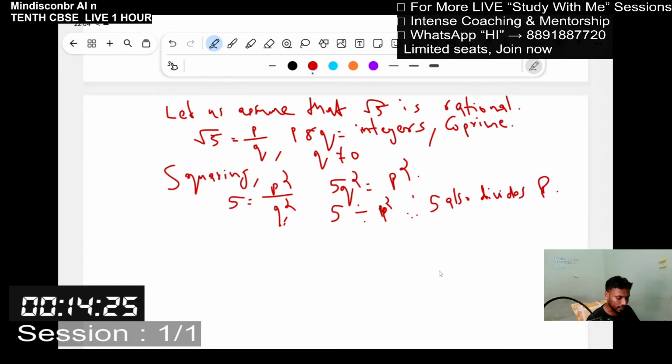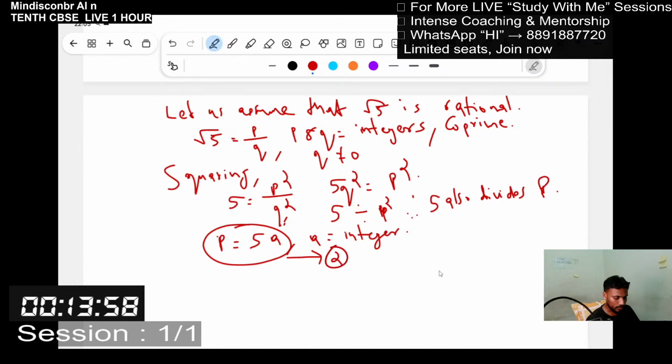Now we can write p as 5a for some integer a. By substituting this value, this is 2, this is 1.